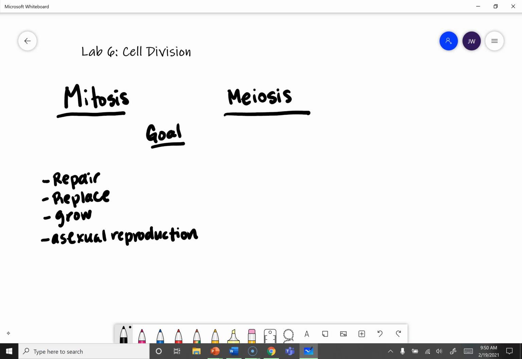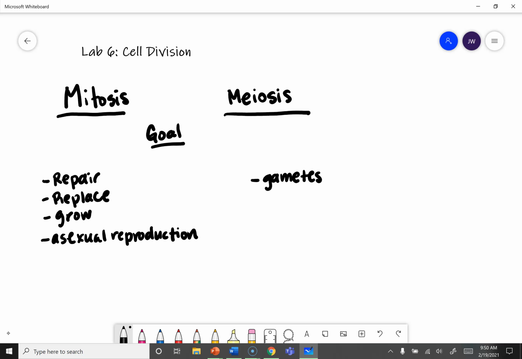Now, single-celled organisms such as bacteria, single-celled prokaryotes, reproduce by a process called binary fission, which is sort of similar to mitosis. The steps are different, but they both sort of fall into this idea of asexual reproduction. The goal of meiosis, though, is to produce gametes.